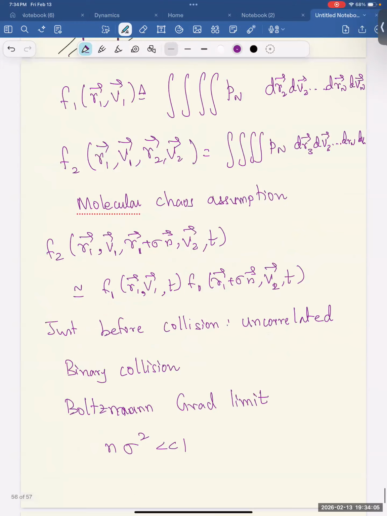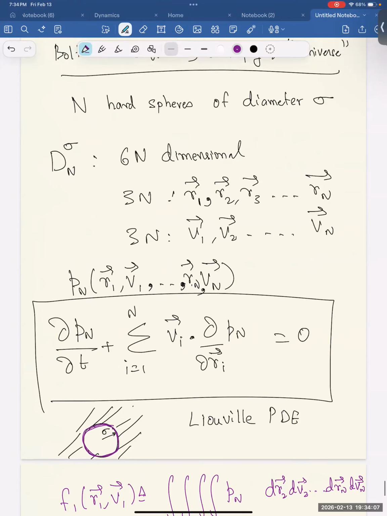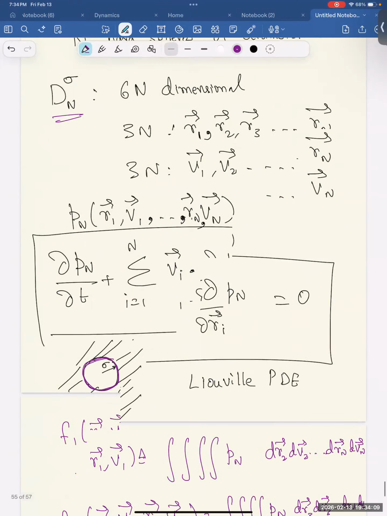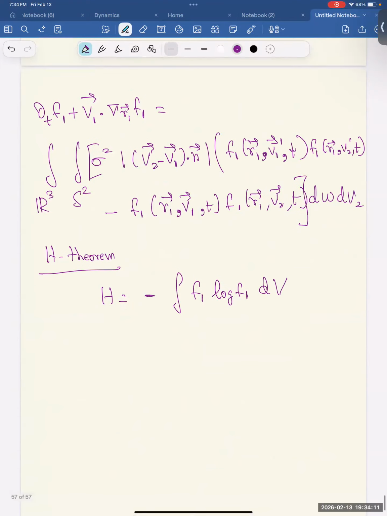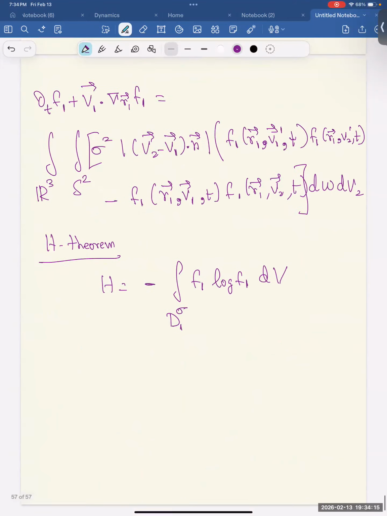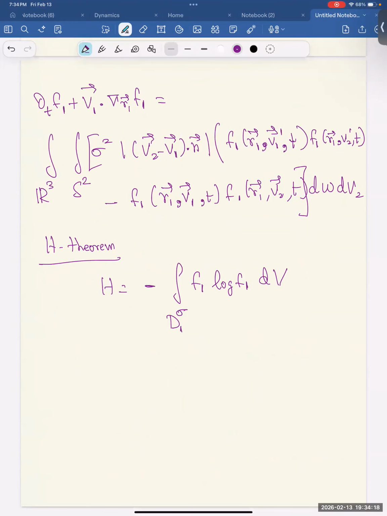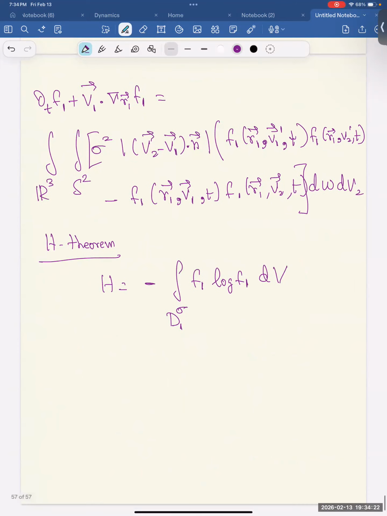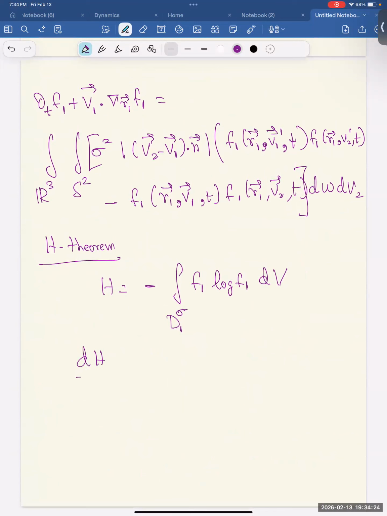Here we had dn sigma, whereas this would be d1 sigma. This is the entropy of the one particle marginal, and the H theorem shows that dH by dt is always greater than or equal to 0.